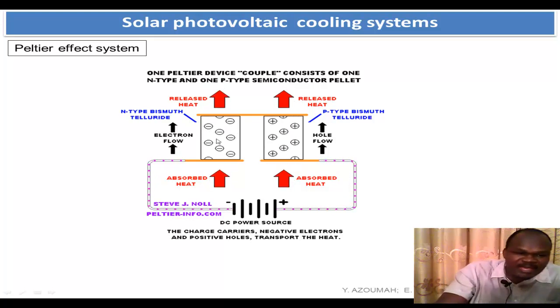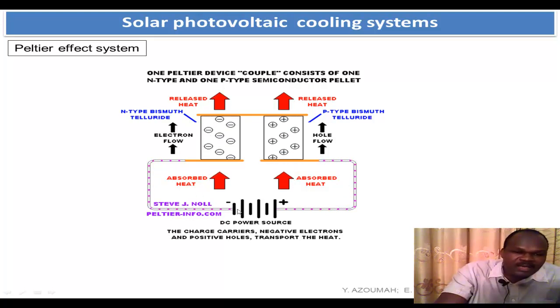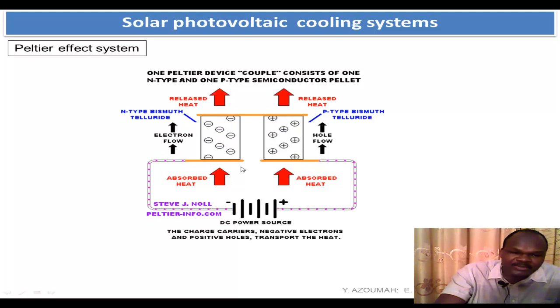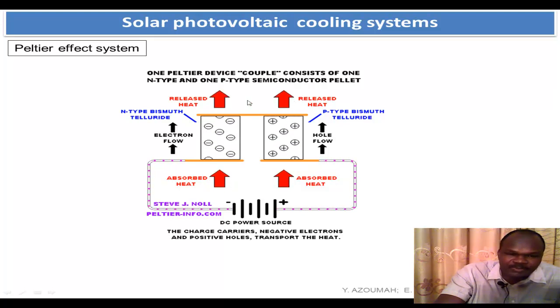So here in this figure, the electrons are being circulated by the solar panel, and they go through the n-type and the p-type semiconductors. But on their way through, because of the gaps between the two semiconductors, the junctions, the electrons will absorb some heat from the surroundings in order to overcome the gap and go through the semiconductor.